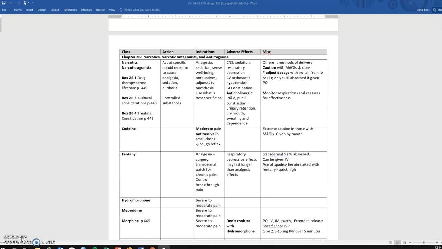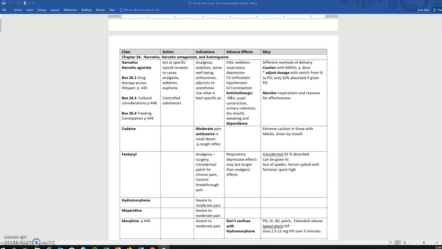Narcotics are delivered in different ways. They can be given orally, they can be given IV, IM, they can be given by transdermal patch. When the dose is adjusted from IV, which requires a lower dose of narcotic because it rapidly enters the bloodstream and is effective to be used by the body, when you move to an oral drug, that drug has to pass through the liver.